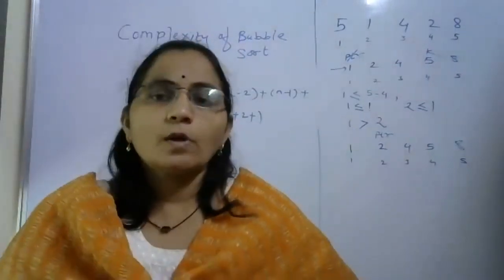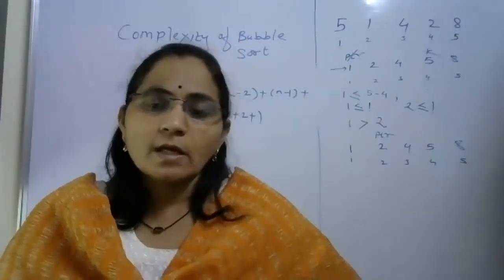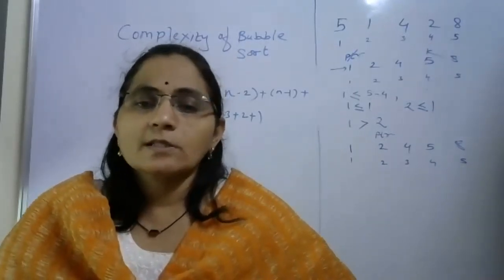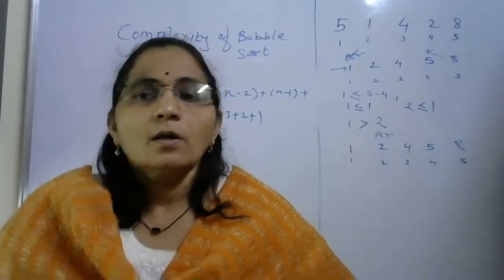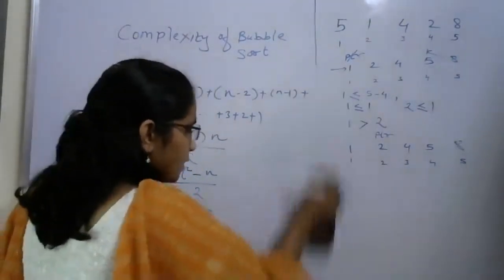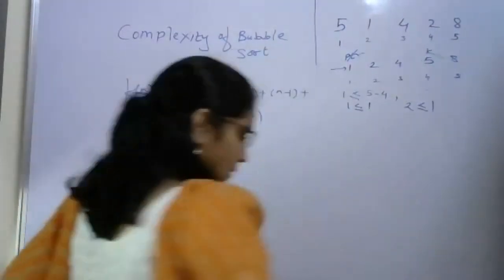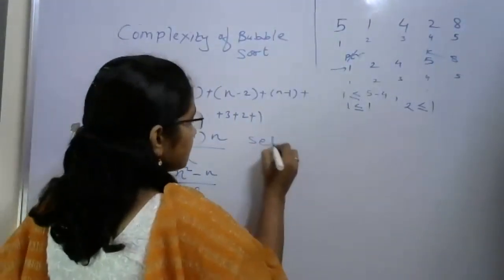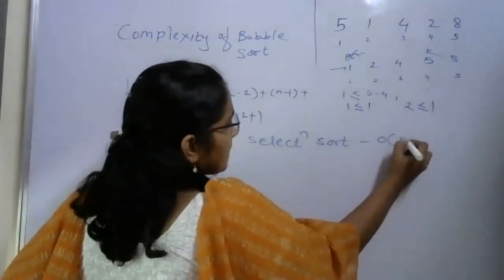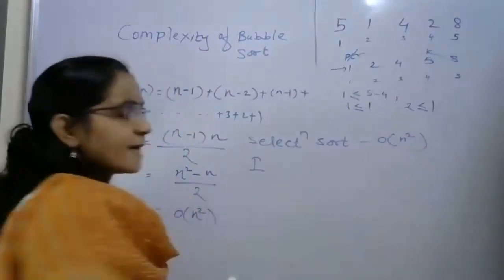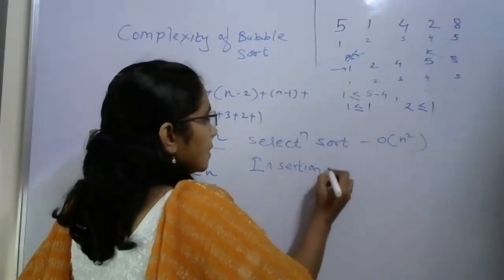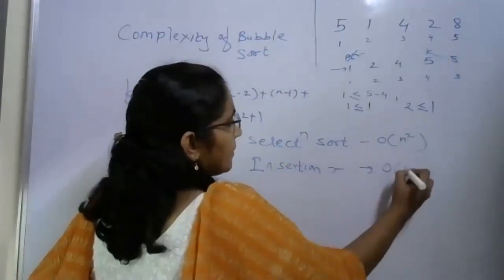Now you compare all the previous 3 algorithms for their complexities. Initially we discussed selection sort, and the complexity of the algorithm is order of n square. Then the second technique is insertion sort, and again the complexity is order of n square.